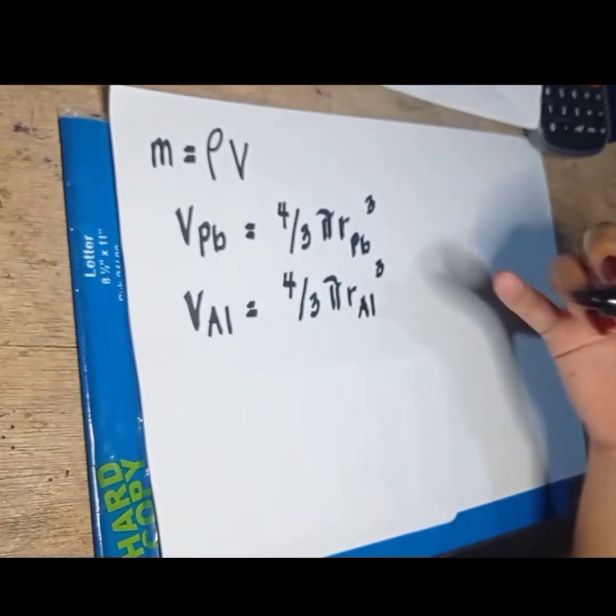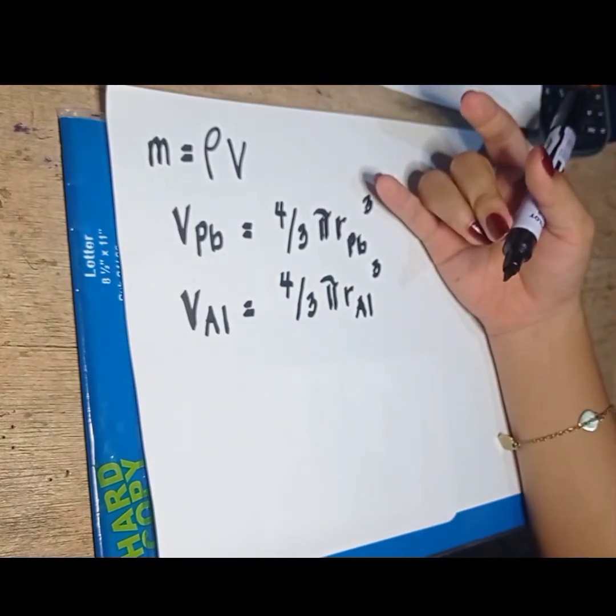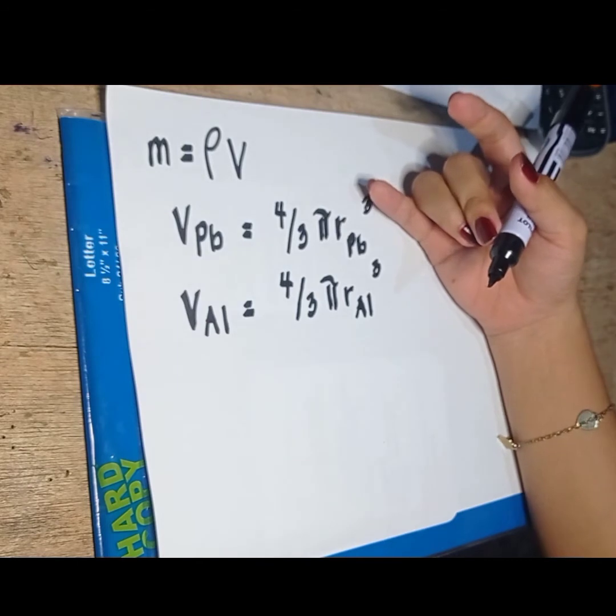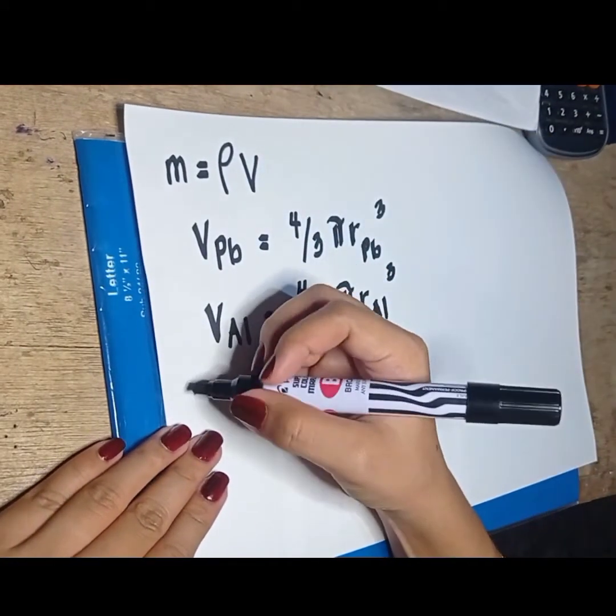So now, since we already have the volume and we are already given the density, we can calculate the mass.